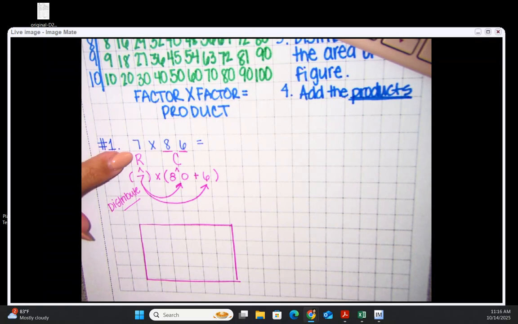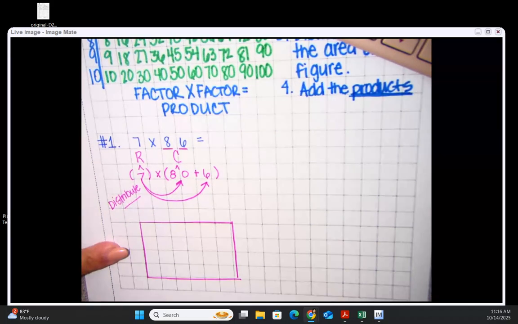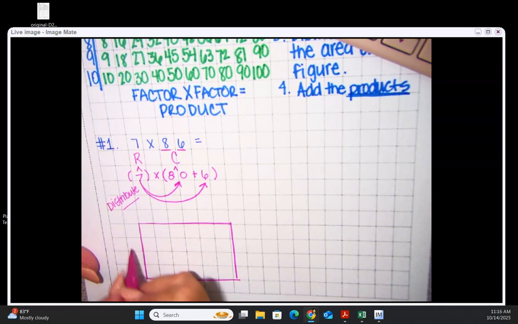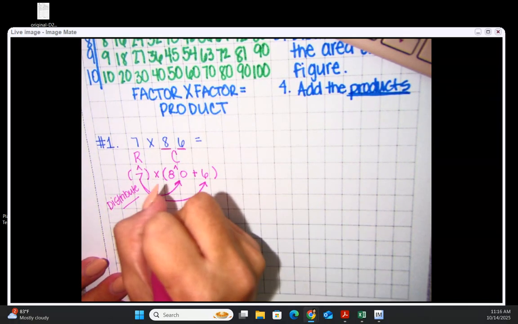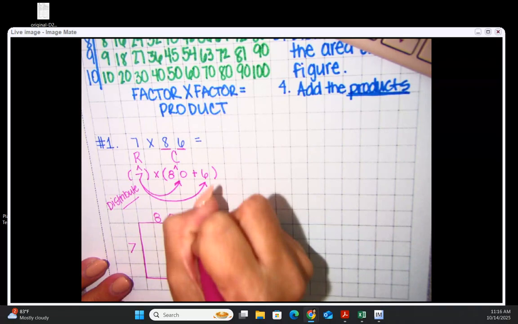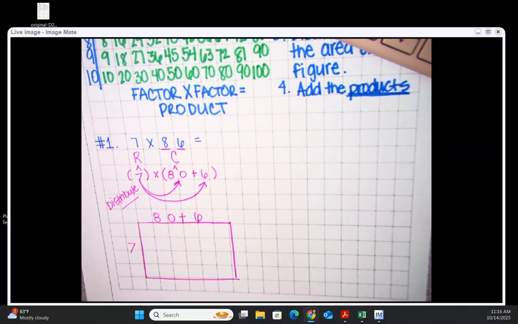My rows, we said, was a 7. And the rows go side to side because row, row, row, you go down the street. That goes sideways. So my rows go on the left. My columns go up and down, and I have 80 plus 6. Now remember, there's one digit per square.